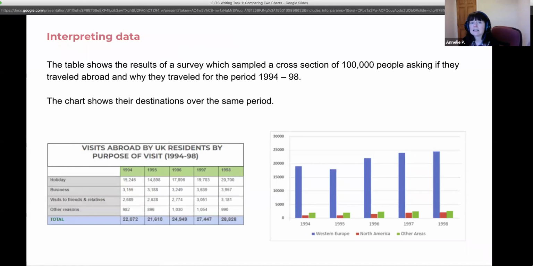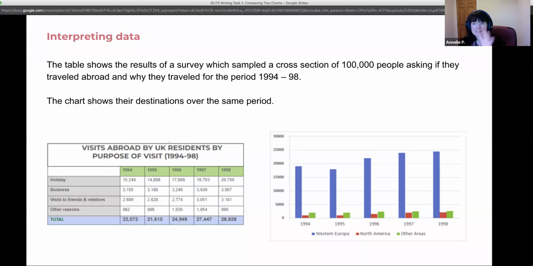So this is the example question that we're going to use today. So you can see here that we have a table and we also have a bar chart, okay? And if you look at the content, what we're looking at in each of these, one is about the reason for traveling, and one is about the places that people are going to.